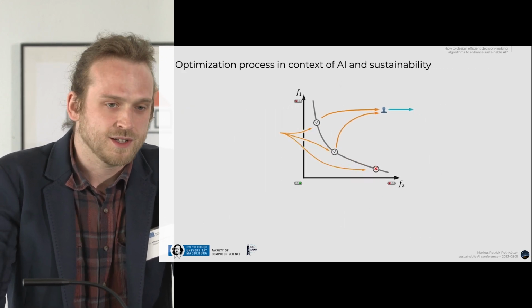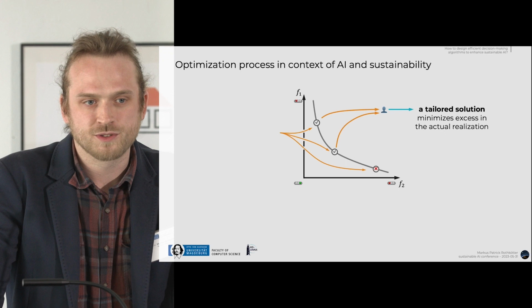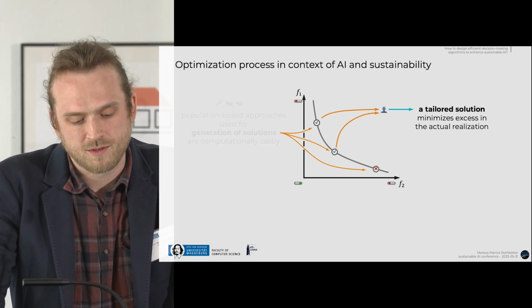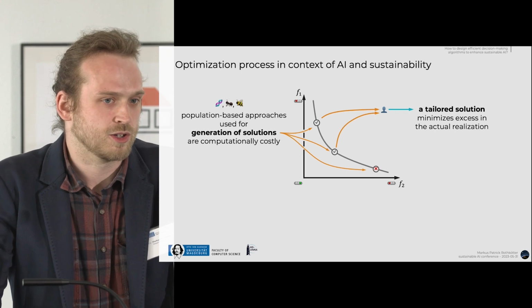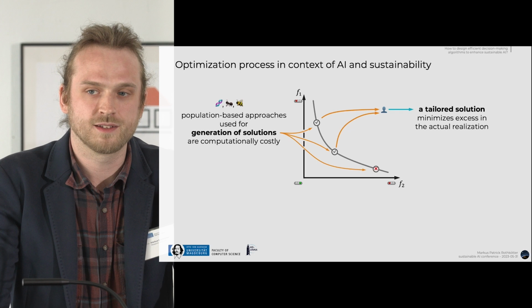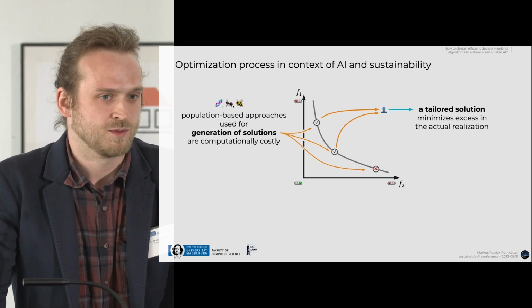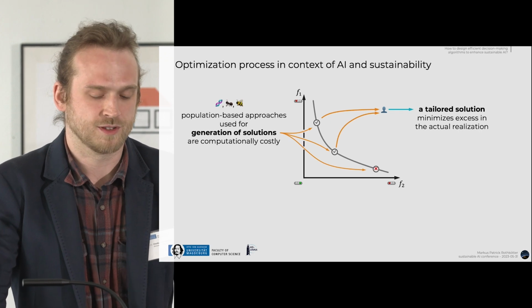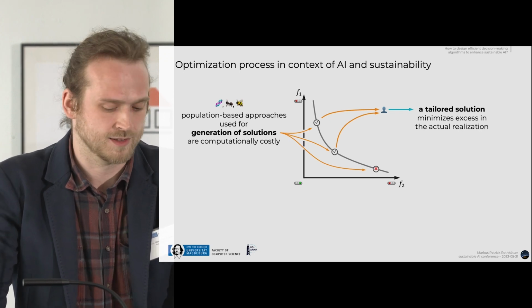So on the one hand, we have our tailored solution, which minimizes excess in the actual realization, but we use AI or computational intelligence to generate those solutions, and by design, most of them will be trashed because we present a bunch of solutions and only one will be selected.